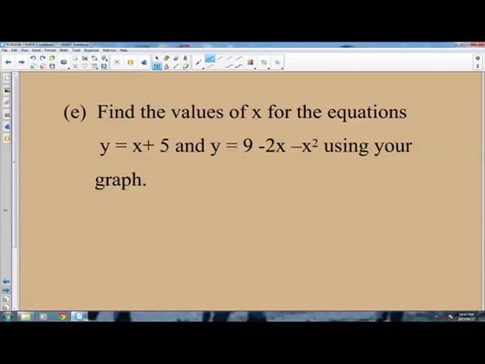So we are to find the solution to y equals x plus 5 and 9 minus 2x minus x squared. And remember, we are to use the graph that we have drawn. So we have to go back to the graph and draw the line y equals x plus 5. So let's go back and draw the line y equals x plus 5.